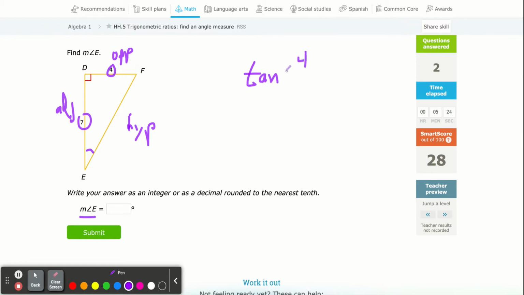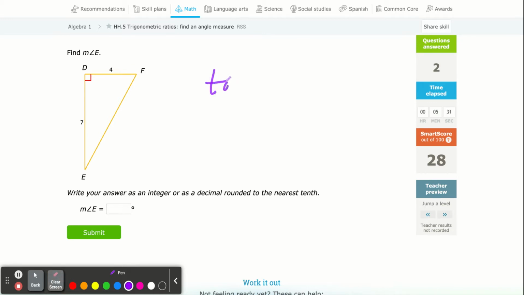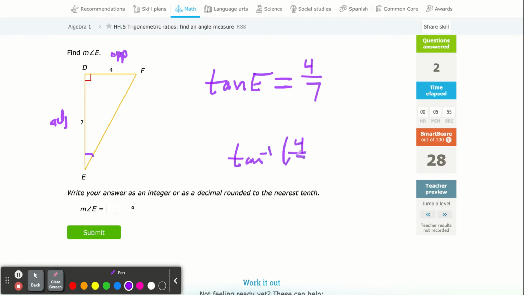Opposite side is 4. Tangent of angle E is equal to the opposite side, which is 4, divided by the adjacent side, which is 7, with respect to E, and then I just do the inverse tangent on my calculator of 4/7.